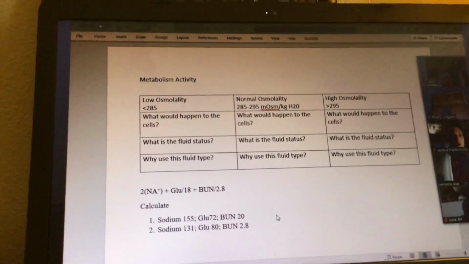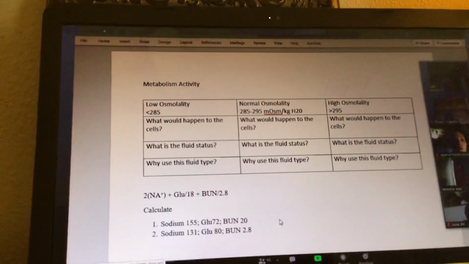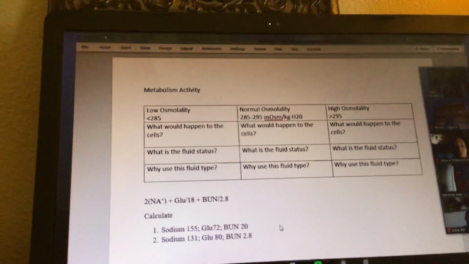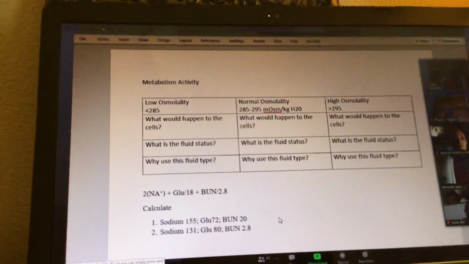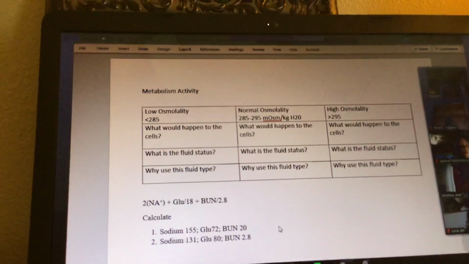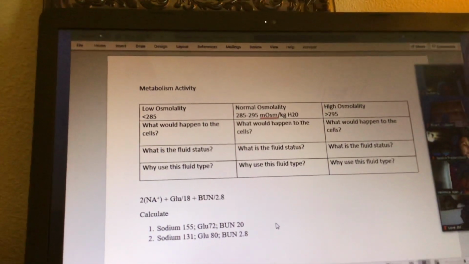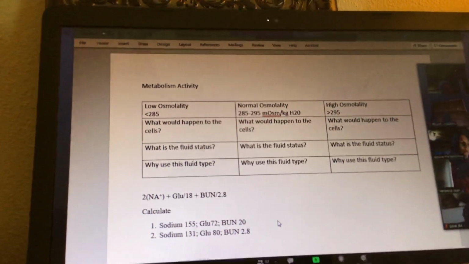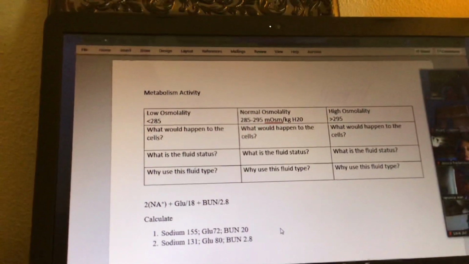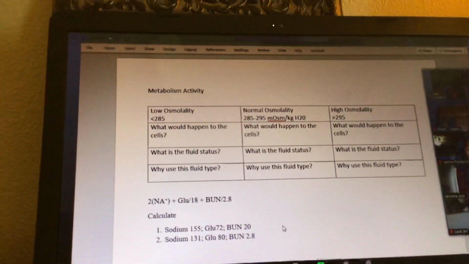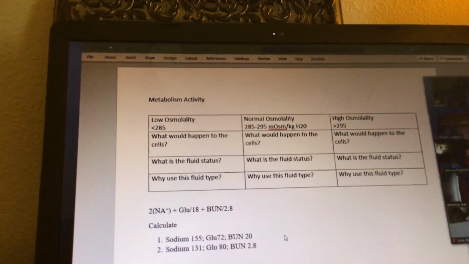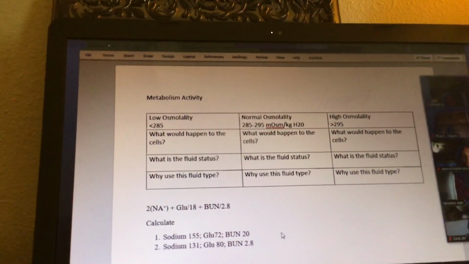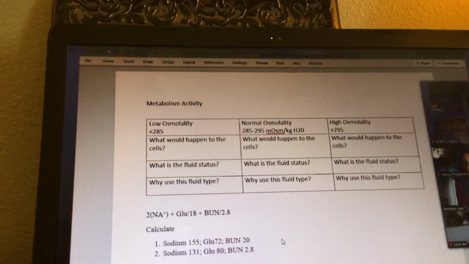So I have 321. But one thing about them, they're all greater than 295, correct? So since they're all greater than 295, the osmolality is considered high.